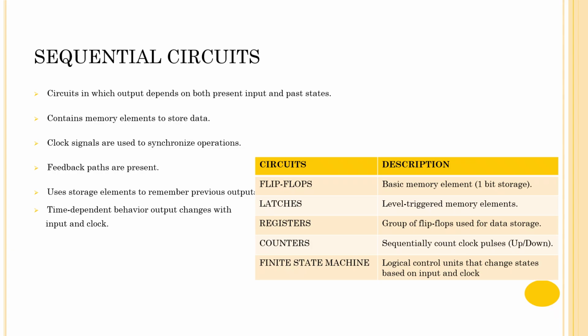Some common examples you will find in real-world design are a 4-bit shift register that moves data serially, a binary up-down counter, a traffic light controller (FSM), and UART transmitter and receiver control units, something every communication protocol uses.